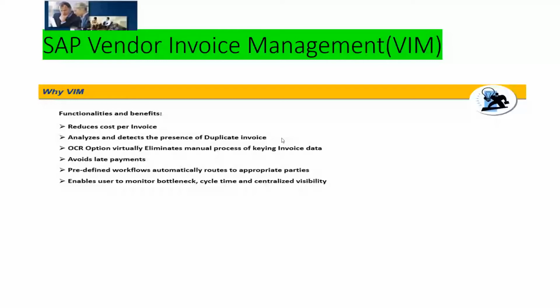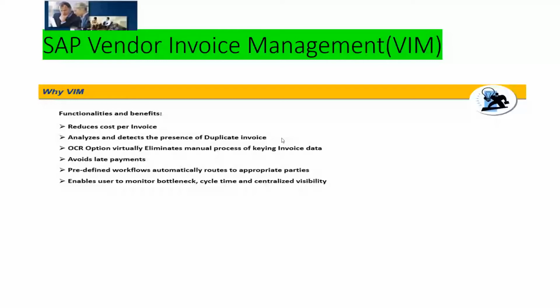There is a configuration based on particular fields, and based on that we may cancel or obsolete that invoice, or send it to the further person or the information provider. There are many roles in VIM, we will get to know them slowly. We can send it back to that person to check whether it really is a duplicate invoice or not.